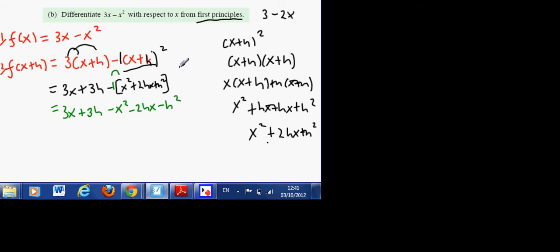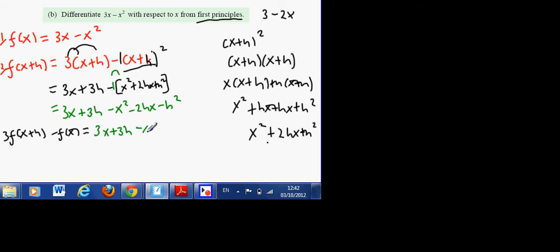Okay? Step 3 is this here. Step 3 is f of x plus h minus f of x. So, what we do here is, the green answer was the end of step 2. Okay?